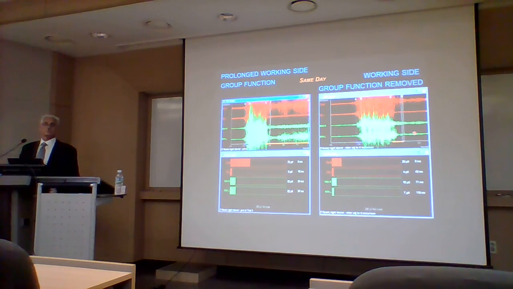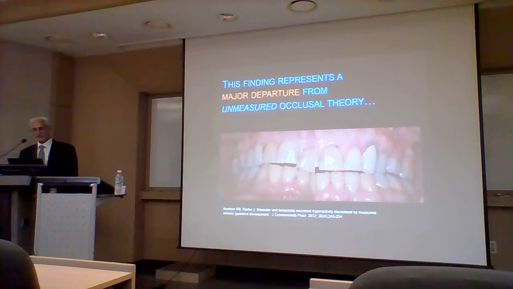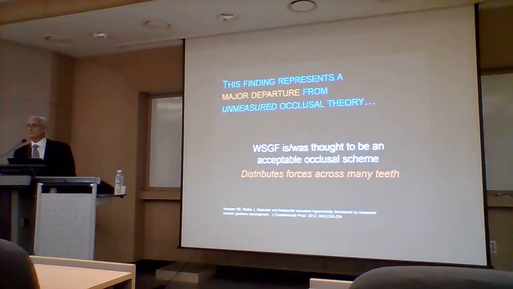Okay? So this idea of working side group function being problematic is a major departure from what is being advocated in occlusal theory. Right? Working side group function was thought to be okay because it distributed forces across many teeth. Right?